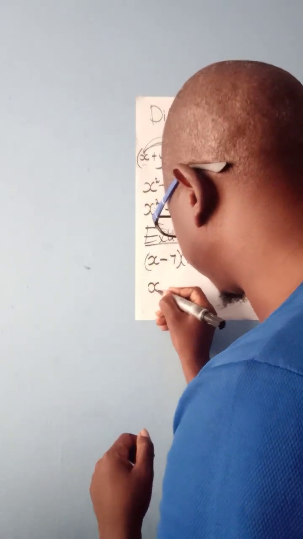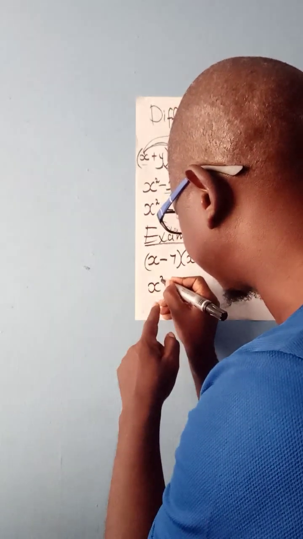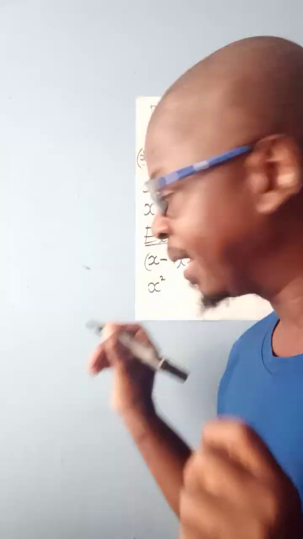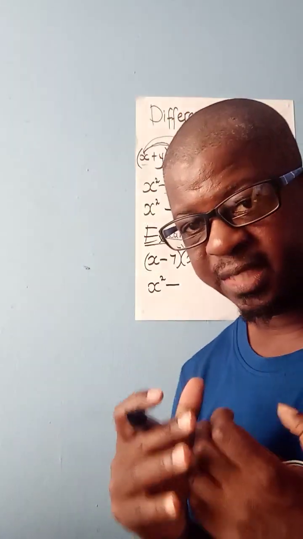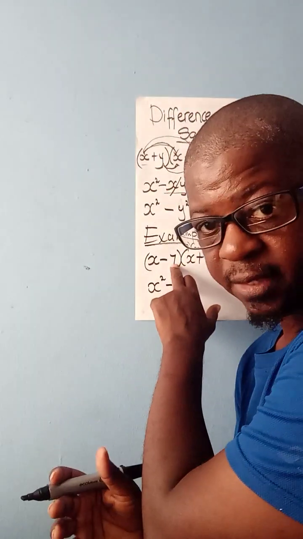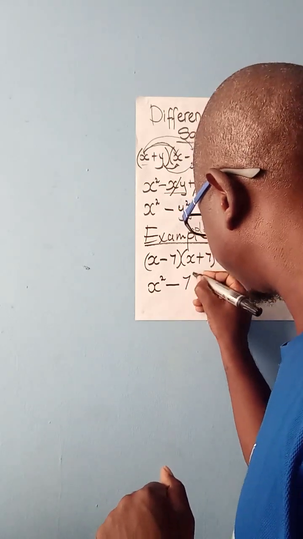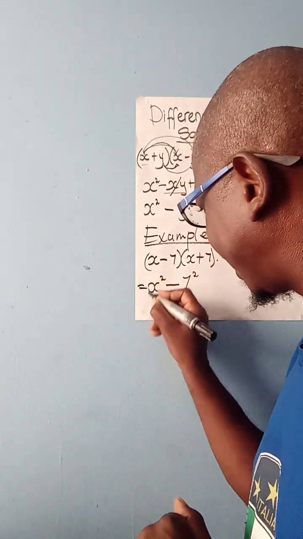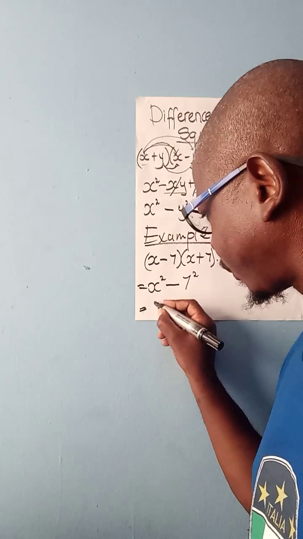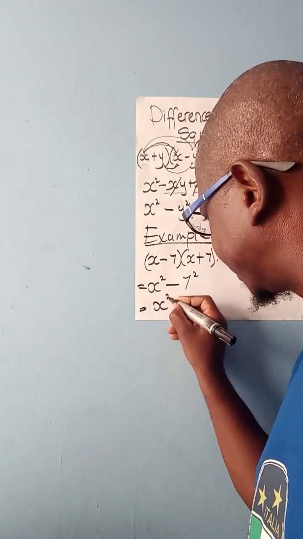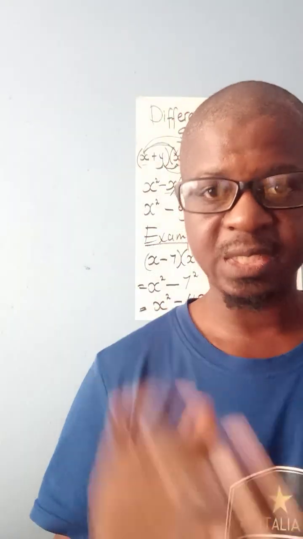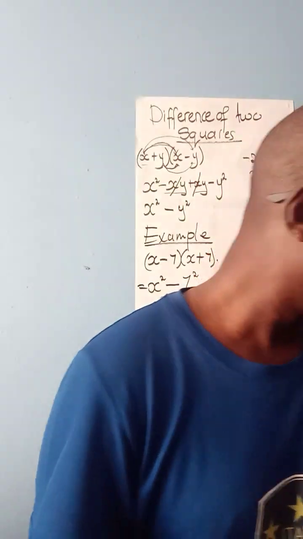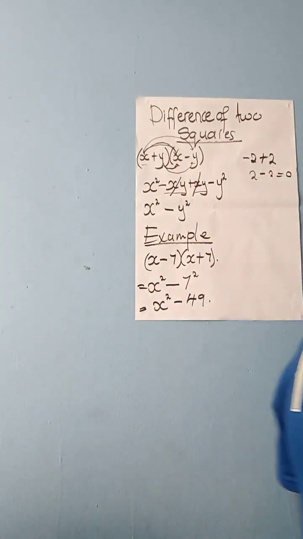The first term is x, it's squared. And then I must put a negative here. And the second term in this case is 7. It also has to be squared. And when I square that, our final answer is going to be x squared minus 49. So this is example number 1.